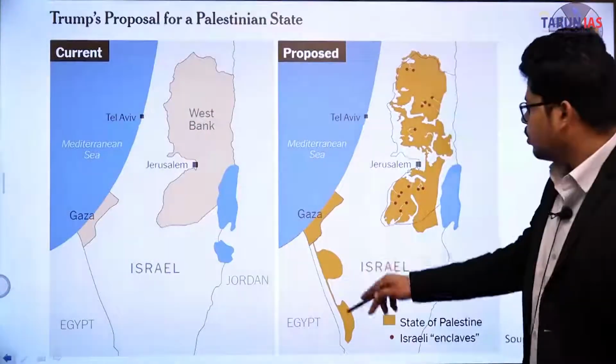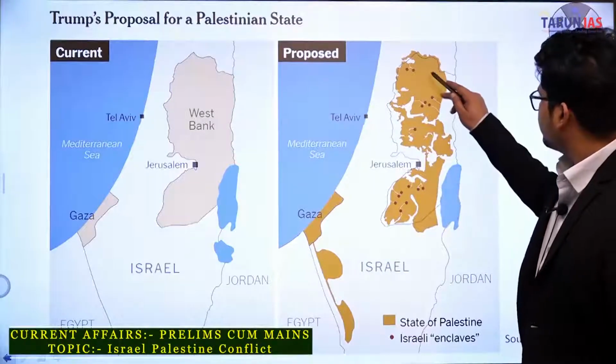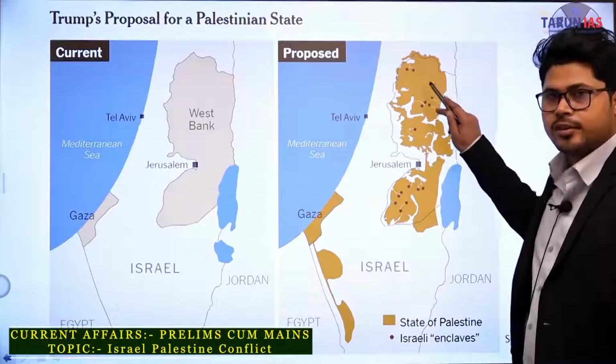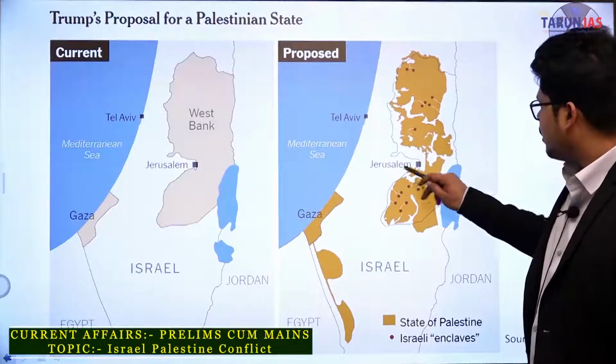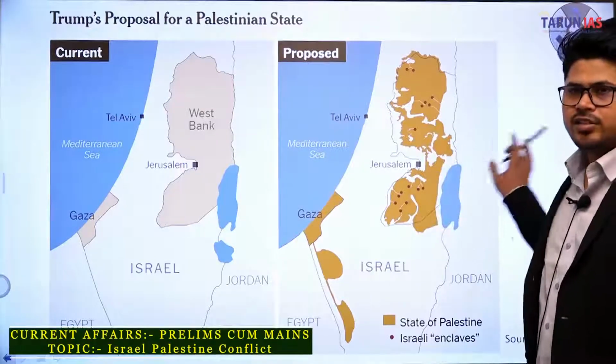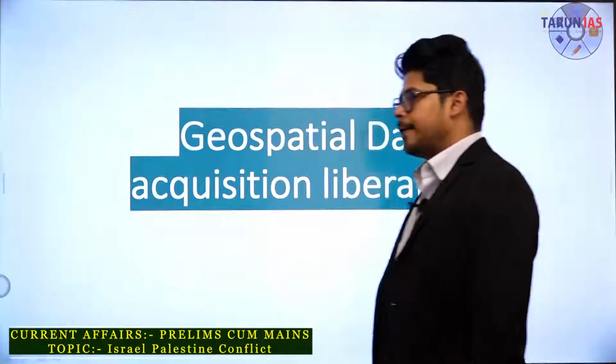These areas in orange will be Palestinian area, and you can see there are enclaves of Israel in Palestine. Palestine and all Arab countries, of course, rejected it.